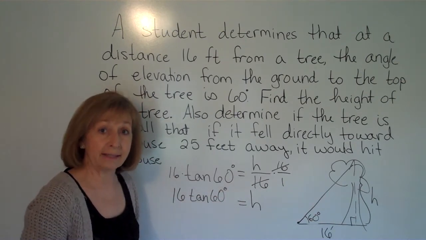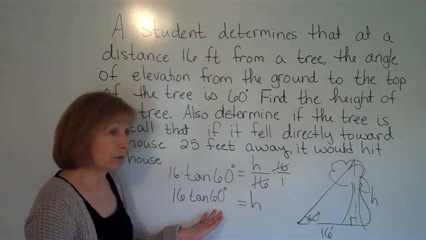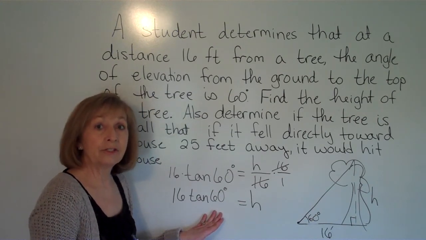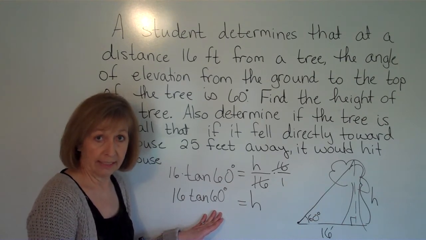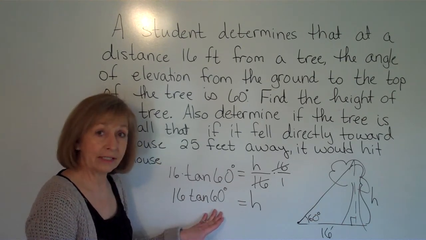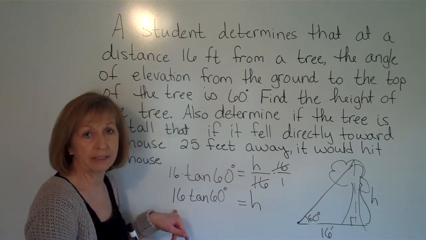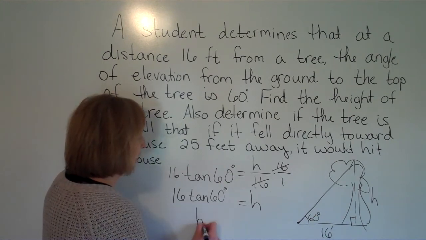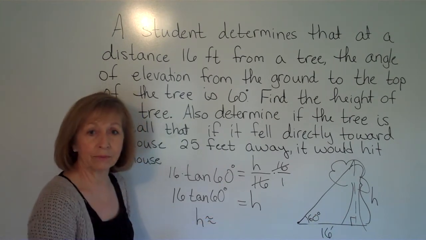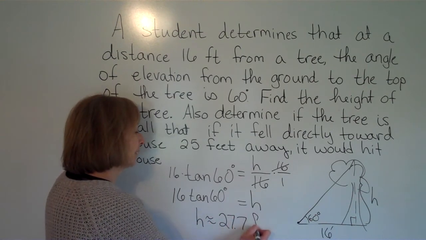Now if you've not done trig ratios of nice angles yet, you'll go to your calculator and make sure you're in degree mode, and then do the tangent of 60 degrees and multiply by 16. Many calculators you can just enter 16 times tan 60, and your height will be approximately equal to 27.7 feet.